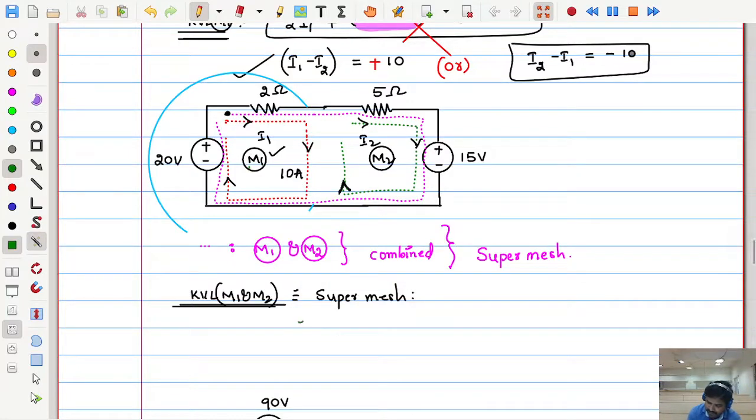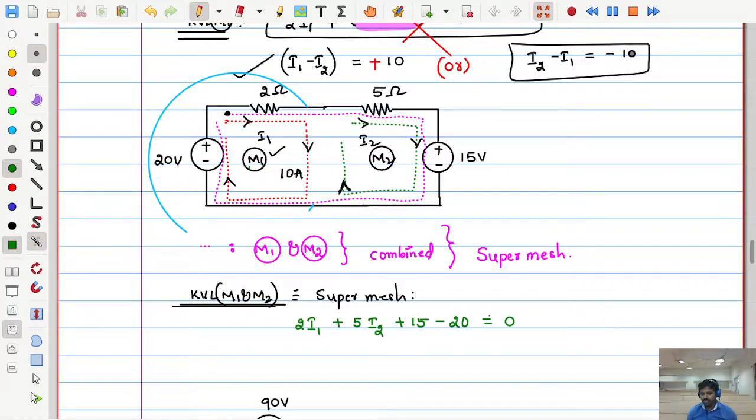In this way, 2I1. Next, I cross this second element, then I go to the 5 ohms. So I will write 5I2 plus 15. Here nothing is there. 15. Then minus 20, equal to 0. That's all.